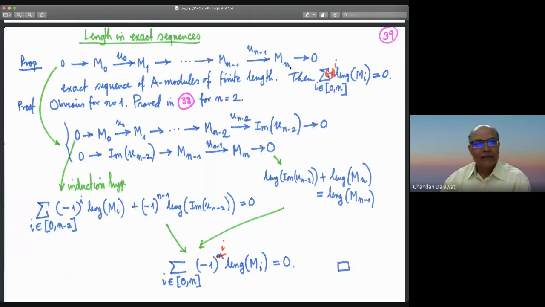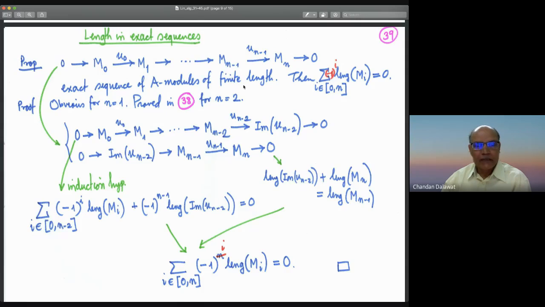Okay? And now you try to prove that the alternating product, it's not sum this time, it's the alternating product of their orders is equal to 1. That's what you need to prove as an exercise.